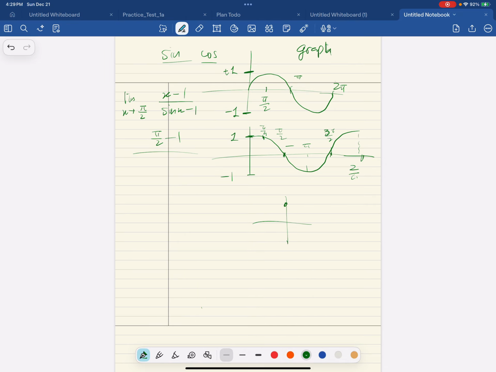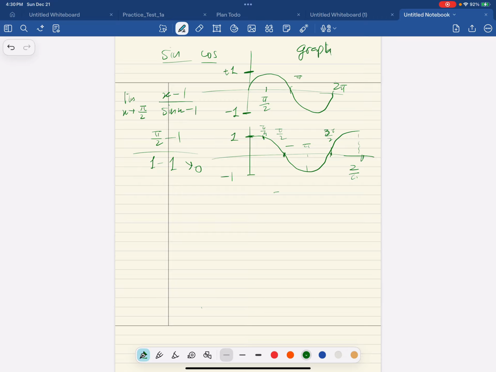The sine is the y value, and at pi over 2 the y value is 1, not 0. This is pi over 2, this is the cos, and this is the sine. And the bottom becomes 1 minus 1 if you plug it in, so that's again a 0 at the bottom.